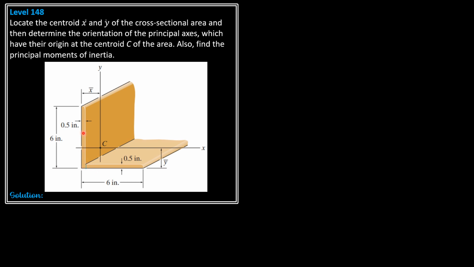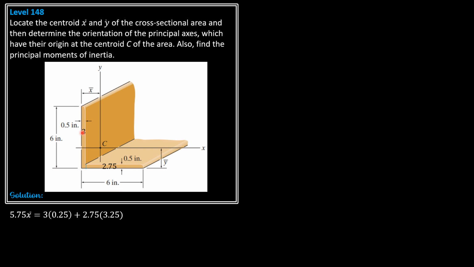The area of this rectangle is 6 times 0.5, so 3 square inches, while the area of the horizontal rectangle is 6 minus 0.5, so 5.5 times 0.5. That would be 2.75. Therefore, the total area is 3 plus 2.75, 5.75. So 5.75 x bar is equal to 3 times 0.25 plus 2.75 times 3.25.